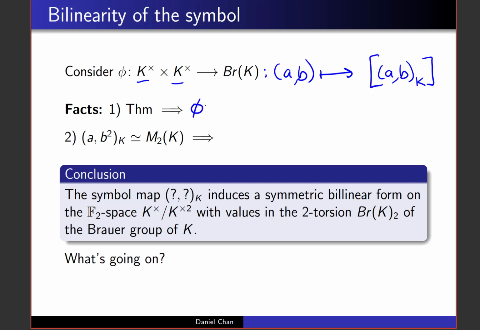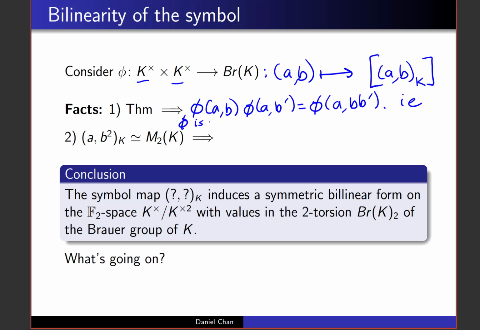Remember, phi of (a,b), and that's in the Brauer group, so tensor product is multiplication, times phi of (a,b prime) is equal to phi of (a,bb prime).